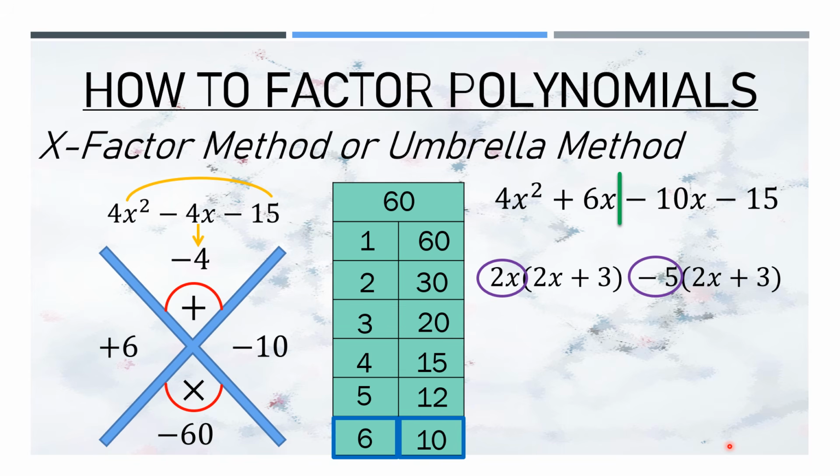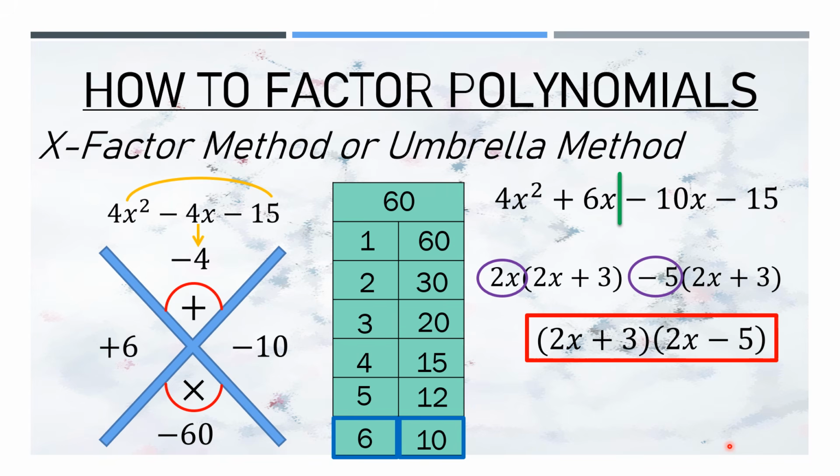So, pagsasamahin dapat natin ang 2x at ang negative 5. So, the final answer is 2x plus 3 and 2x minus 5. And those are the factors for 4x squared minus 4x minus 15.